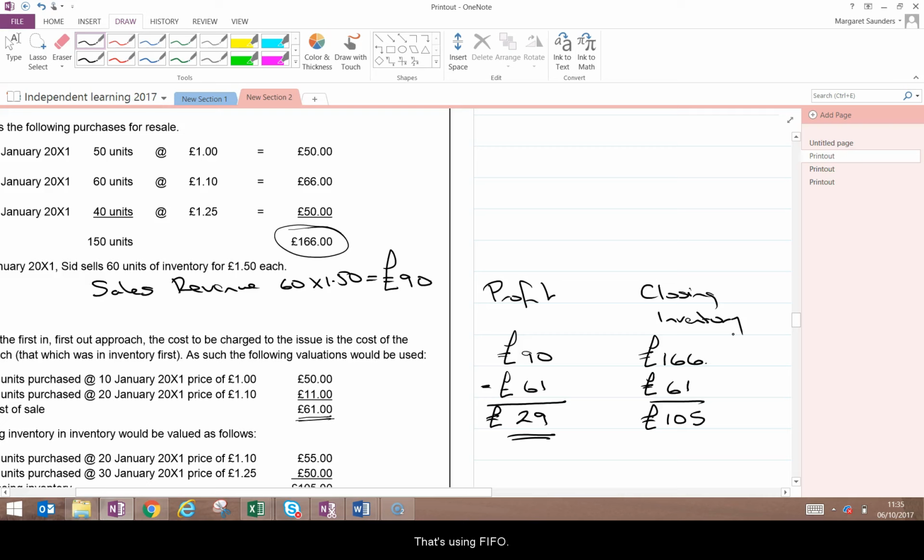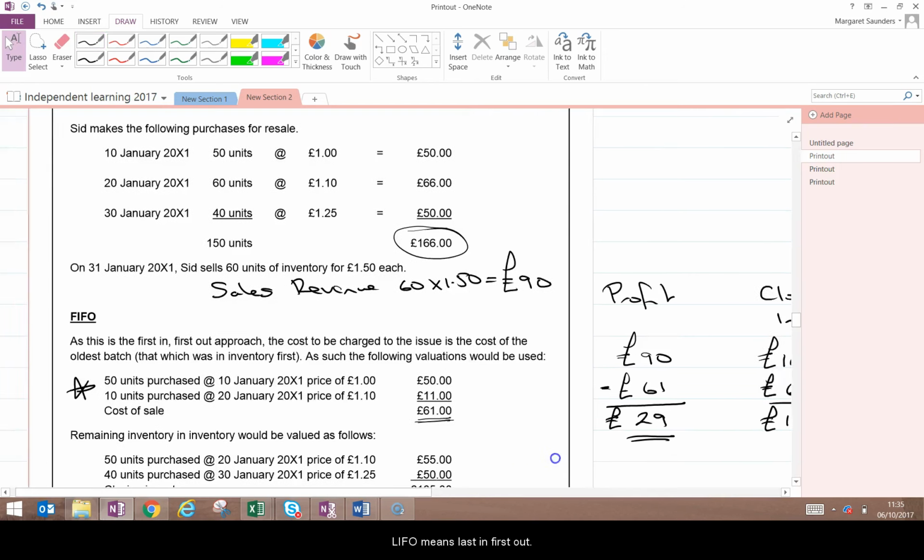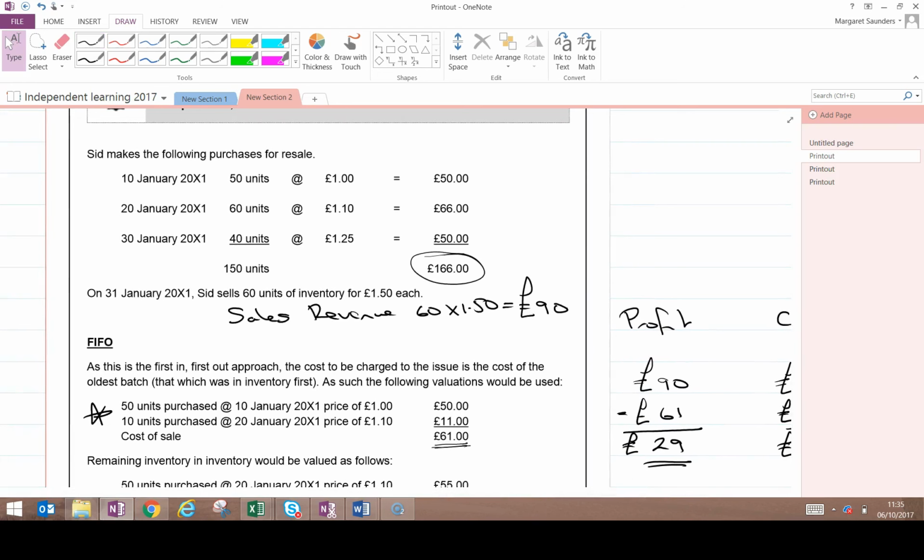That's using FIFO. If instead he used LIFO, then LIFO means last in, first out. So those 60 units that he sold would be the last 40 units that came in at £1.25, and then 20 units from the delivery before that when it was £1.10.